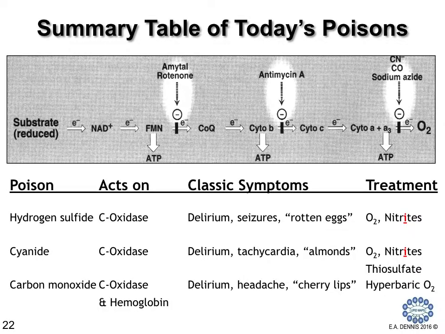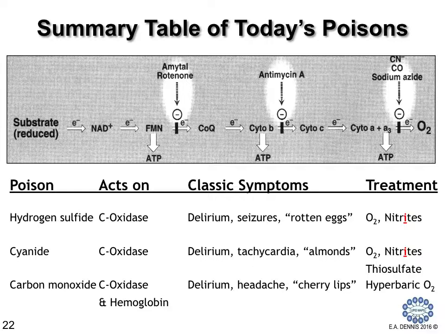To conclude Part A of these lectures, I've summarized here the three poisons that we examined. All three of them interact with cytochrome oxidase, another name for complex 4 at the end of the electron transport chain. They block further electron transport by so binding.